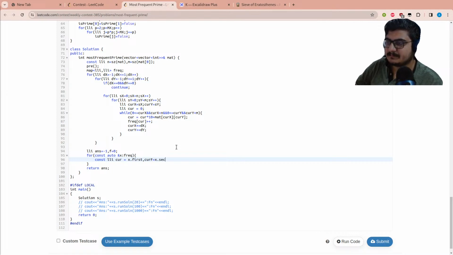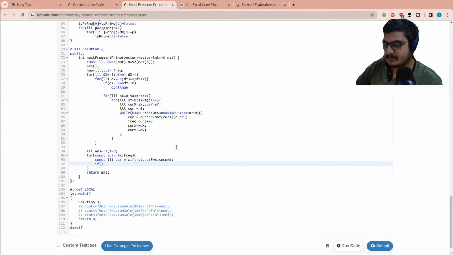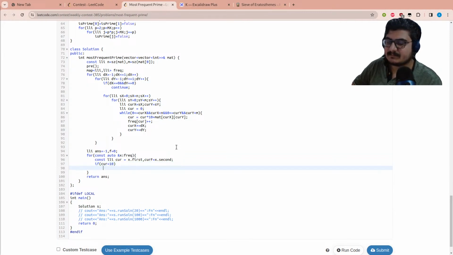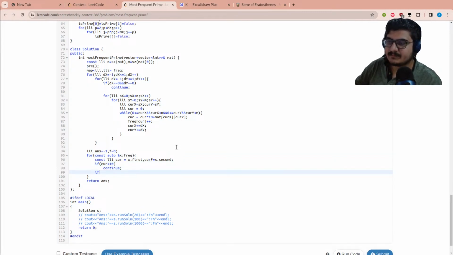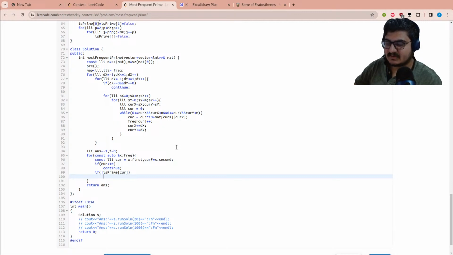Take the frequency of x. If the current number is less than 10, continue. If the current number is not prime, continue.